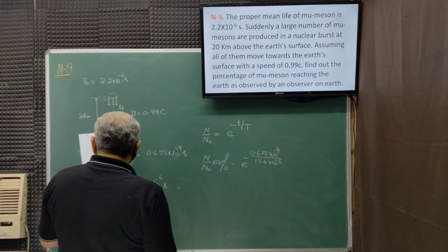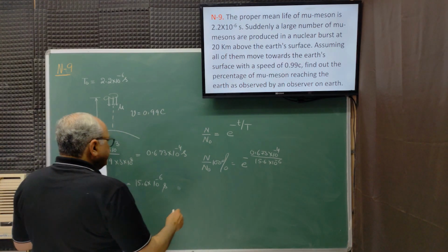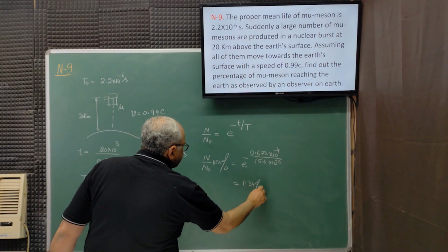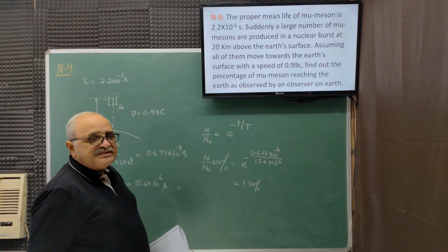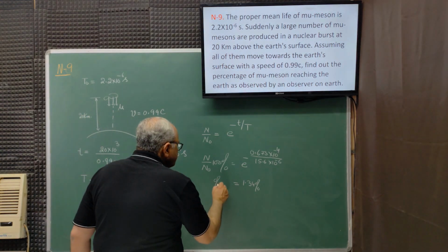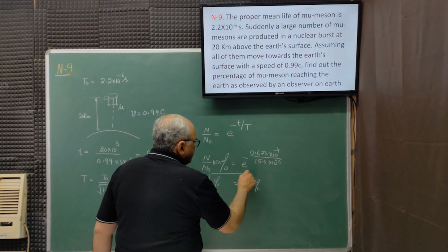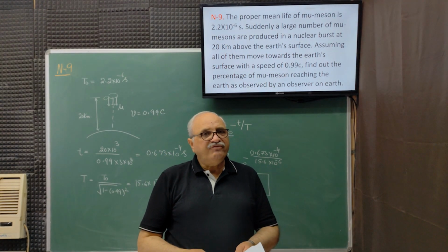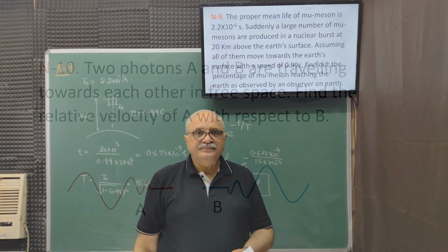If you simplify this, the ratio comes out to be 1.34%. So the percentage of the mu mesons that will reach the Earth is only 1.34%.